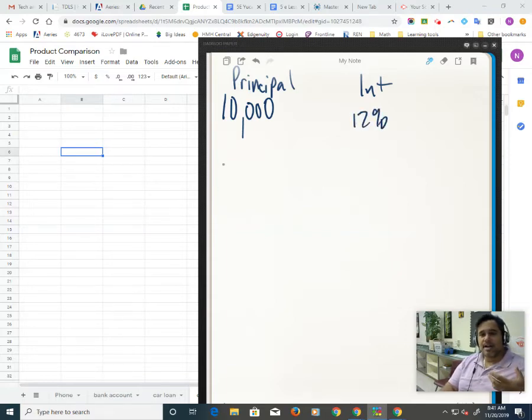Now, if we're looking at how much we're going to pay at the end of the year, it's a lot like simple interest. But remember, it got different if we didn't pay it off at the end of the term. With simple interest, you pay it off. Well, this first term, this first year, what are we going to pay? We talked about the notation of doing that, and we decided to do it this way. You're going to see why soon.